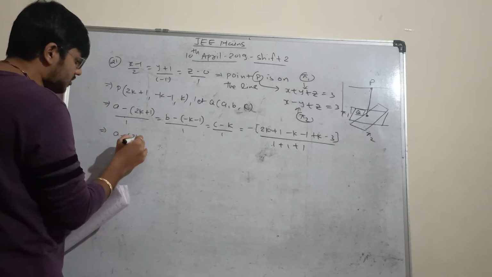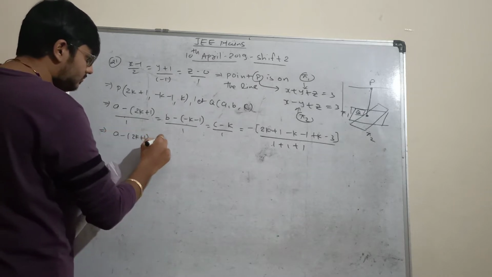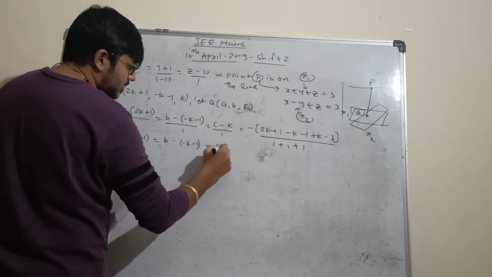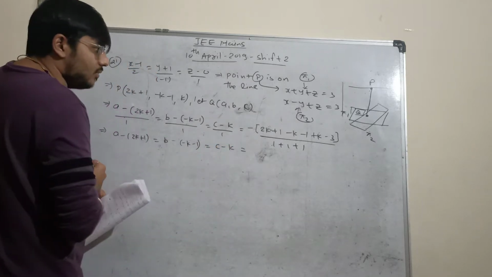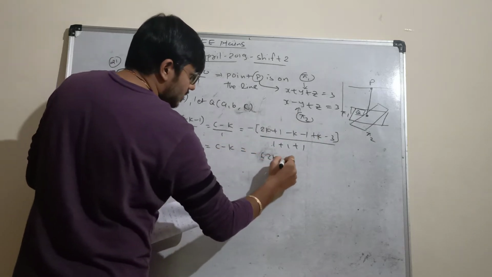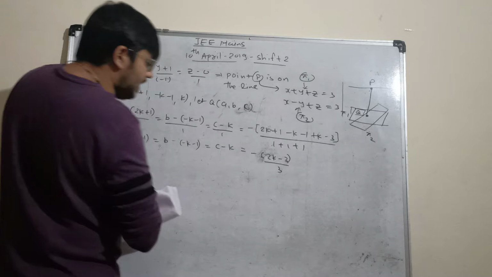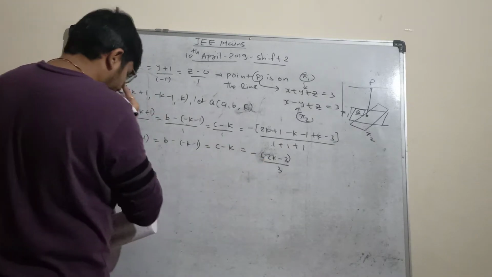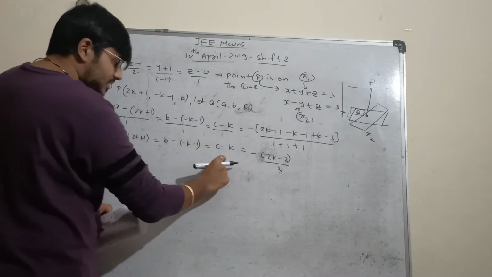So (a minus (2k plus 1)) equals (b plus k plus 1) equals (c minus k) equals minus (k plus k cancel), so it will be minus (2k minus 3)/3, right? Let me compare individual terms with a, b and c.